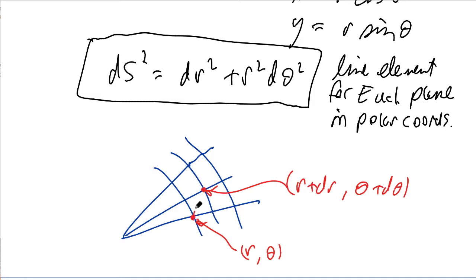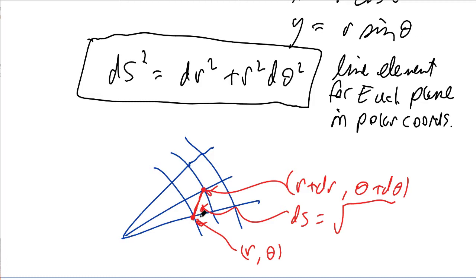Then the distance between those two points, which again we call ds, we can find again using the Pythagorean theorem. So it's the square root of the sum of the squares of these two legs of this triangle.